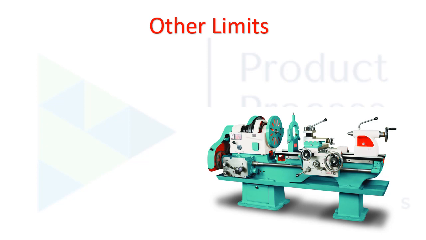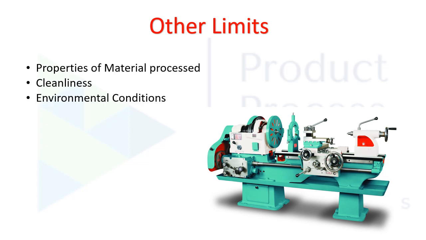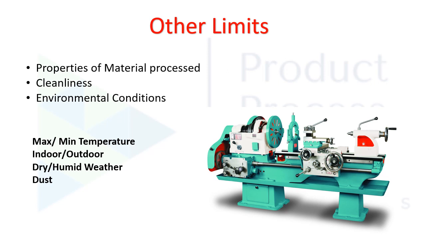Next is other limits. Within other limits, it can be the properties of the material that are processed, the level of cleanliness required, and environmental conditions. Cleanliness is of particular importance in the food and beverages industries. Also, the environmental condition can be different things.